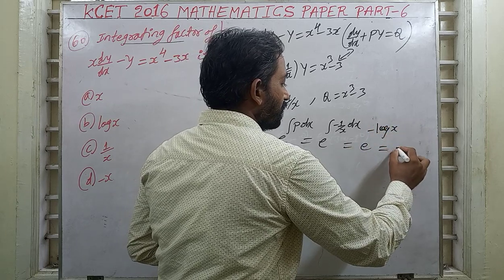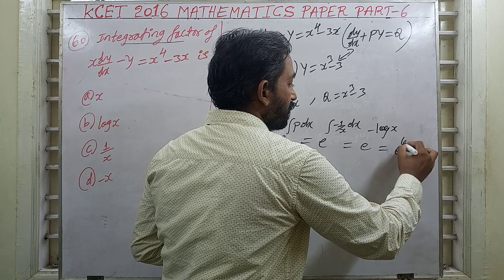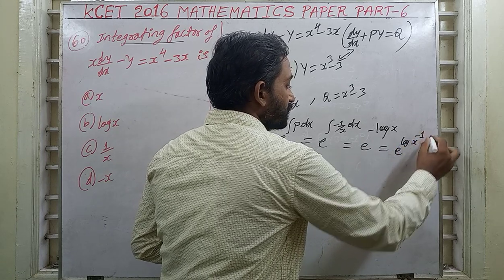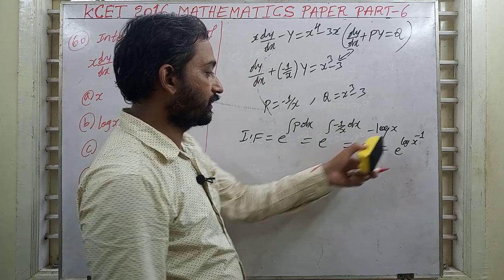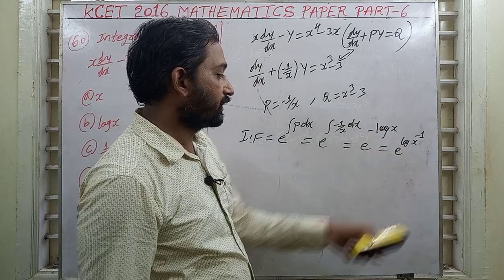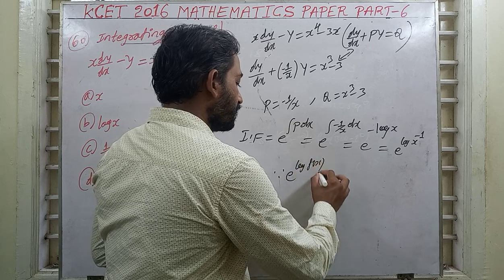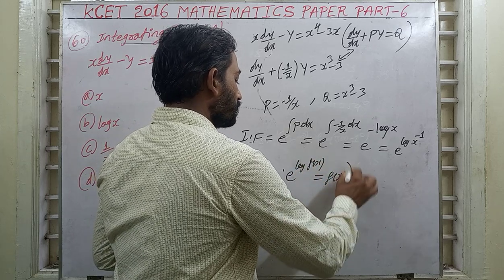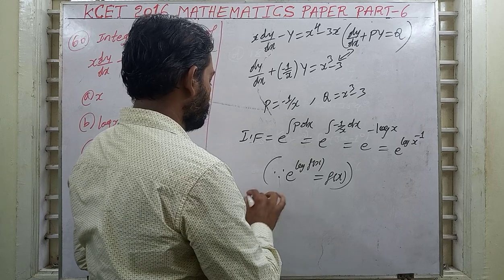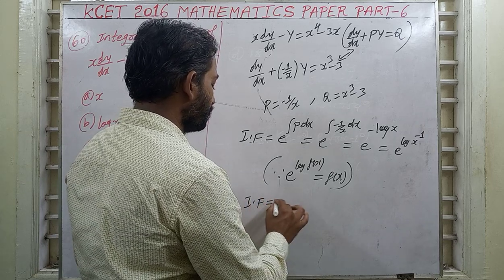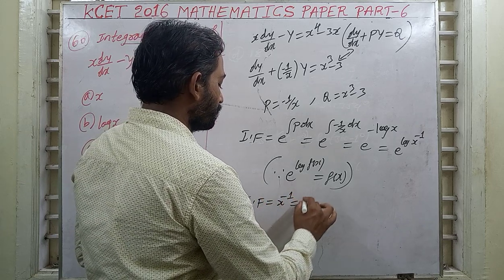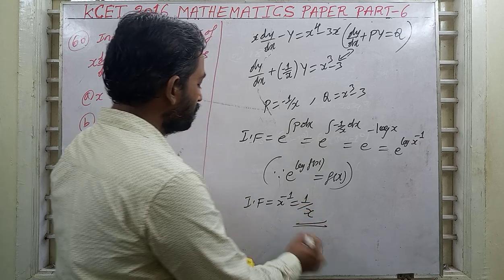So minus log of x can be written as e to the power of log x to the power minus 1 using logarithmic properties. Once again using the formula, e to the power of log f of x can be written as f of x. So this can be written as x inverse. Integrating factor is nothing but x inverse, x to the power of minus 1, which is equal to 1 by x.